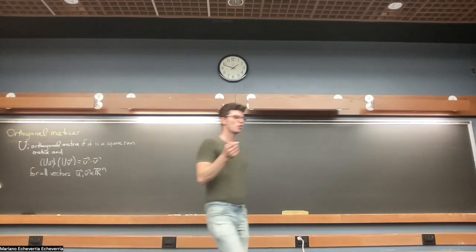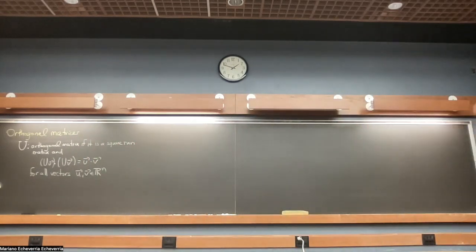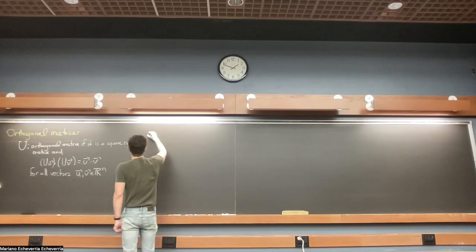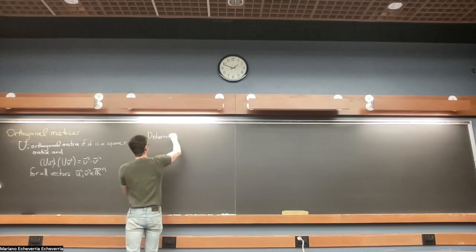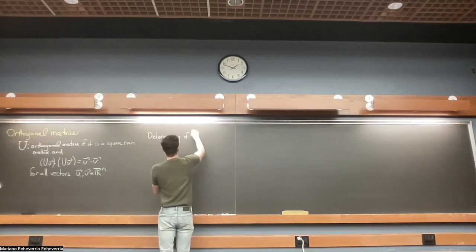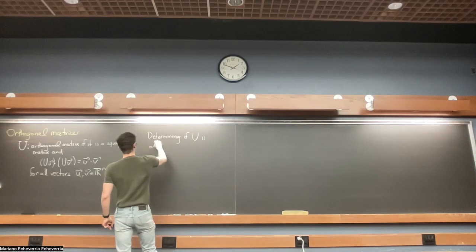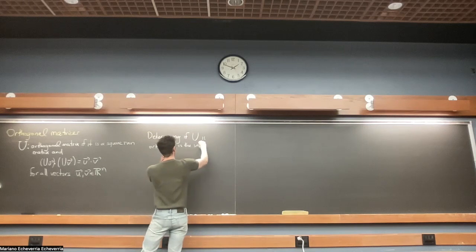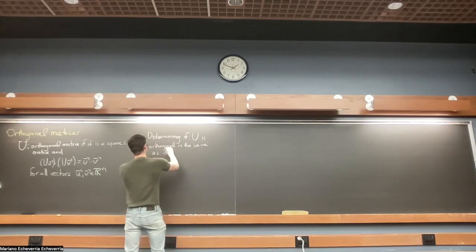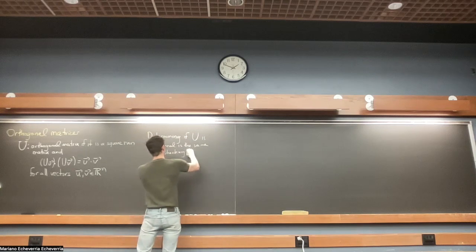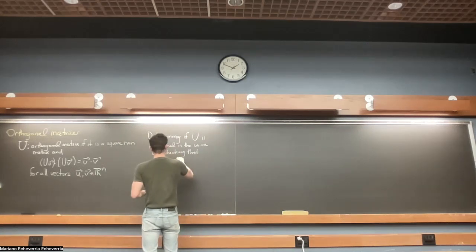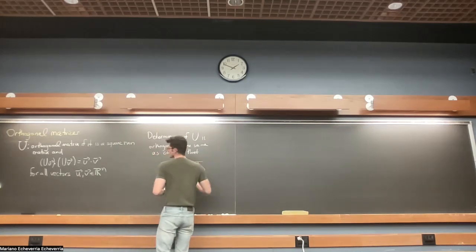What you do in practice, as we worked out a little bit last time, is that determining if U is orthogonal is the same as checking that if you do U transpose times U, you get the identity matrix of size n.